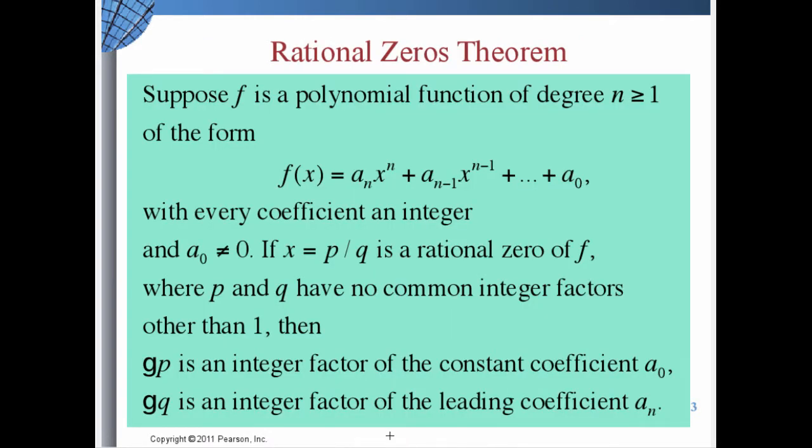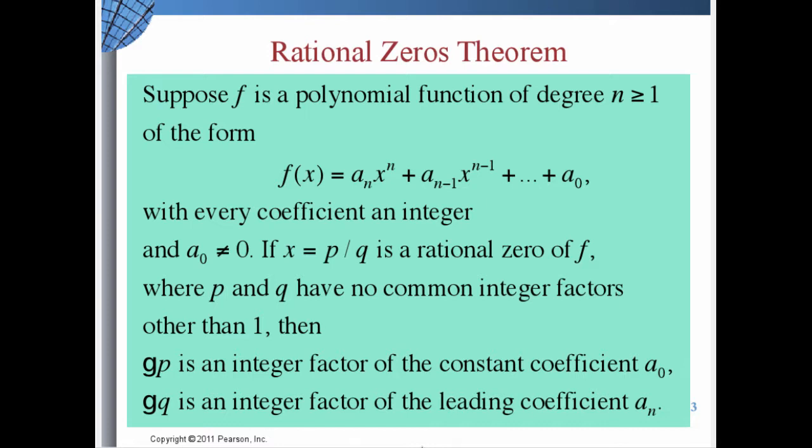So we have this thing called the rational zeros theorem. Here's what the rational zeros theorem says. Suppose f is a polynomial function of degree n greater than or equal to 1, of the form f of x equals a sub n x to the n plus a sub n minus 1 times x to the n minus 1, and so on until we get to a sub 0, our last term, with every coefficient an integer and a sub 0 not equaling 0.